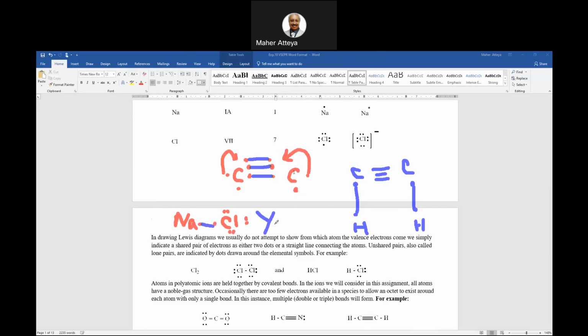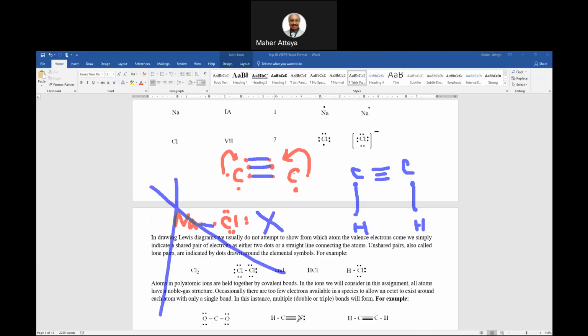That's wrong. We are not doing this for the metals. The metals will not make single bonds, double bonds or triple bonds. The metals are donating. This is absolutely wrong.